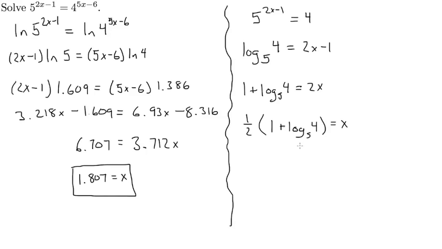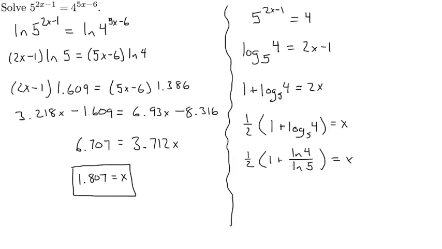But most likely I'm wanting an approximation, a decimal approximation. So I need to calculate what log base 5 of 4 is going to be. Well, as we've previously noted, there is no log base 5 button on our calculator. Well, probably. So what we need to do is use our change of base formula to rewrite this as natural log of 4 over natural log of 5.